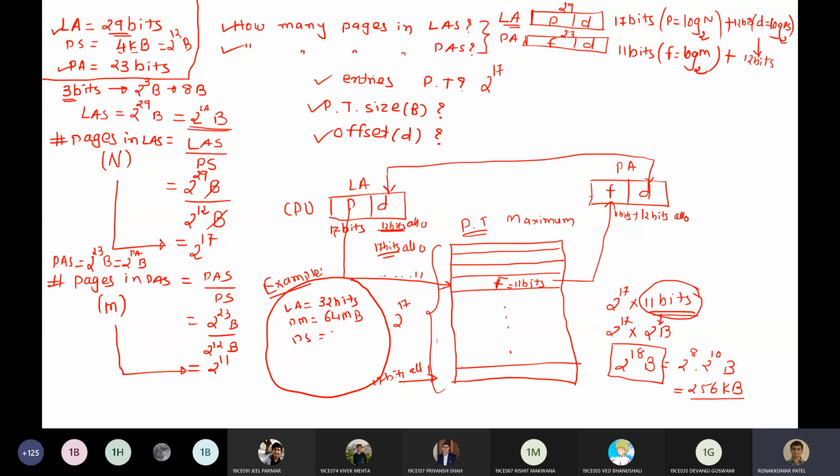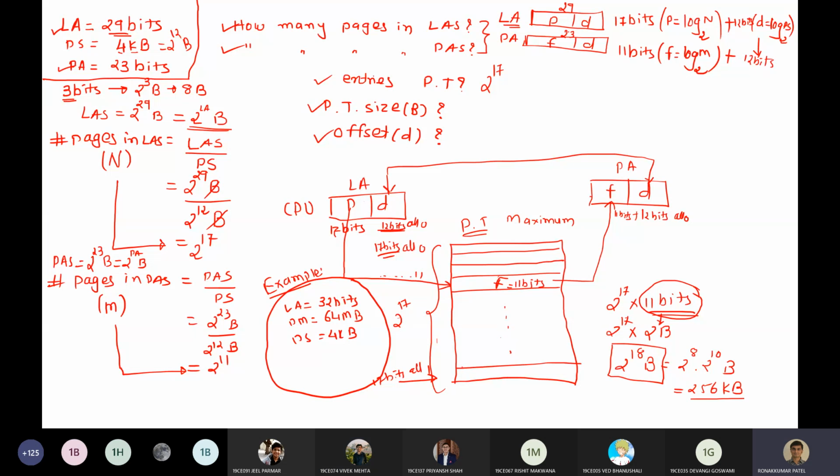Page size is 4 KB. These are the information given, and you need to answer the same question. Try to solve this example, and if you have any doubt, then we will solve it in the next lecture.